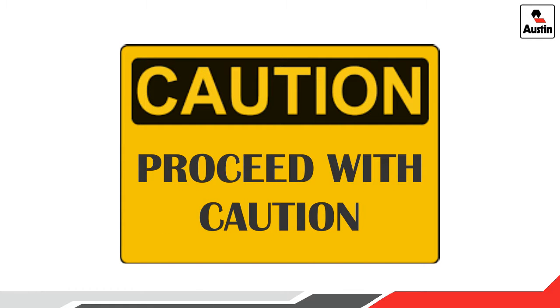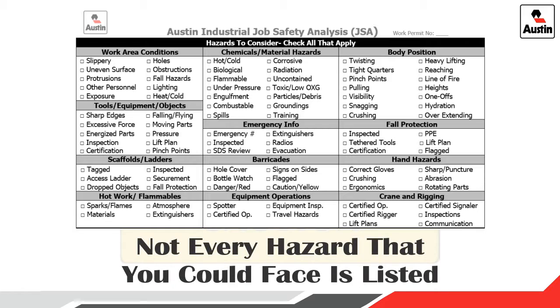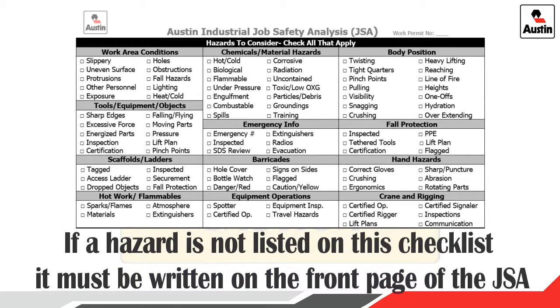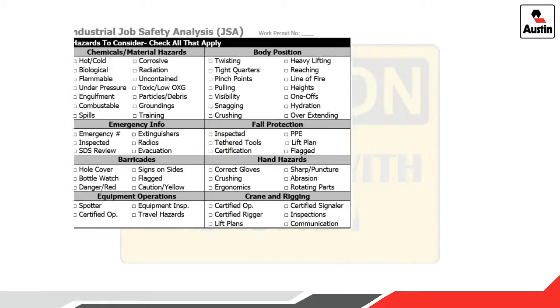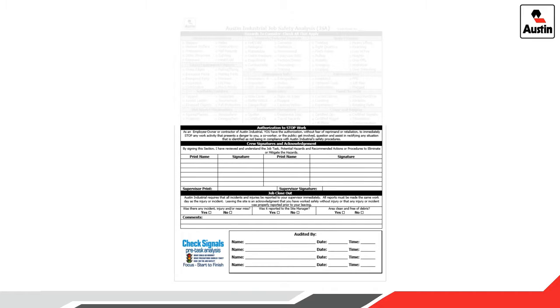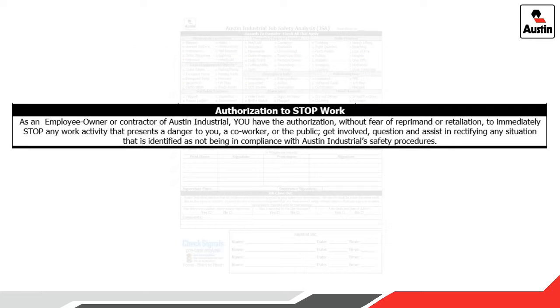However, be cautioned. Not every hazard that you will face in your work will be listed on this checklist. If a hazard is not listed on this checklist, the hazard must be written on the front page of your JSA.